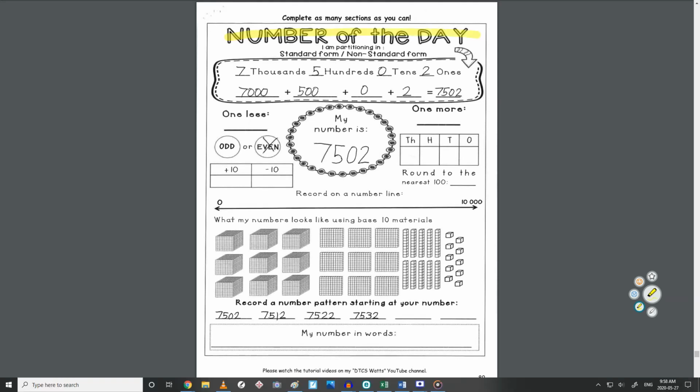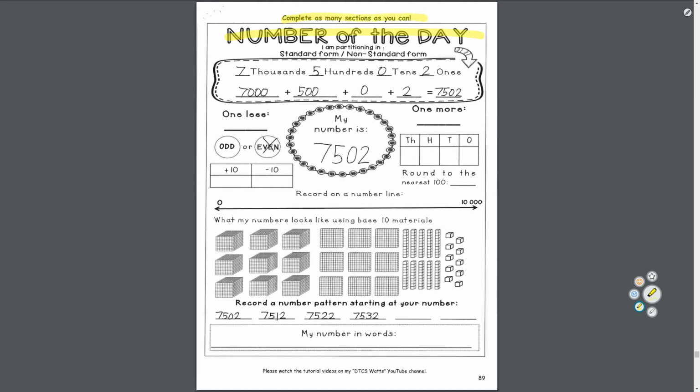Number of the day. Complete as many sections as you can. Our number is 7,502. Okay. Ready? Here we go. I did the top for you. In the thousands place, we had 7: 1,000, 2,000, 3,000, 4,000, 5,000, 6,000, 7,000.